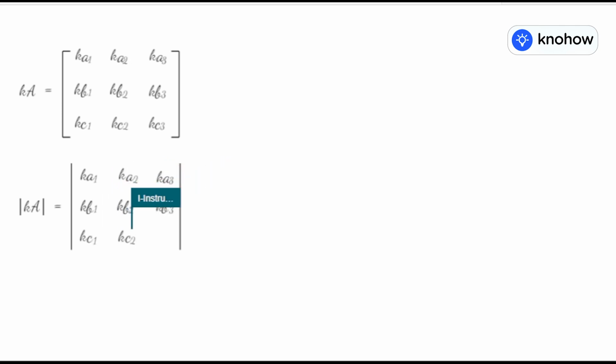And you know the property that in a determinant, if a number is common in any one row or any one column, we can take it common, not throughout, not from each element. You can take a number common only from one row or column. So let us take k common from row 1, k common from row 2, and k common from row 3.